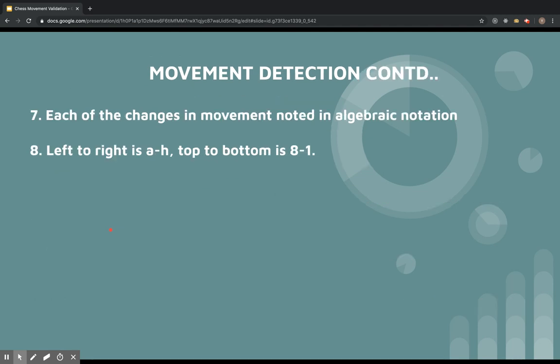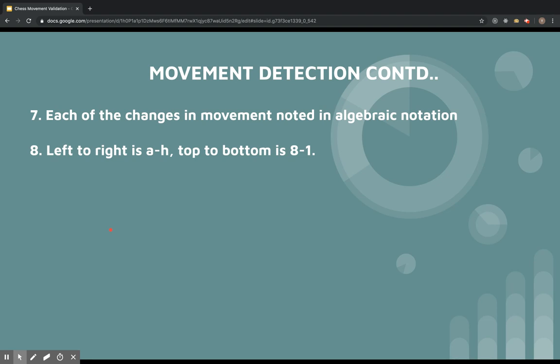So the next course of action is that we're noting down each of the squares from left to right and from top to bottom. Left to right is A to H, and top to bottom is 8 to 1. So the topmost and leftmost square is going to be A8, and then below that's going to be A7, A6, and so on.